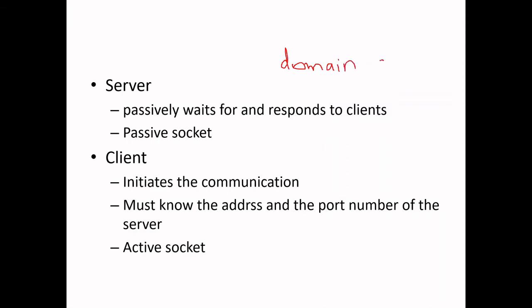So a domain name is attached to each of these IP addresses, and there is a system called DNS, the Domain Name Service, on the internet, which takes care of the mapping between the domain name like sctca.ac.in and the actual IP address of the machine on which it resides.